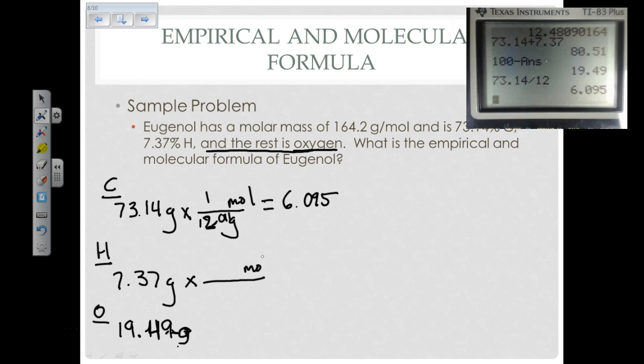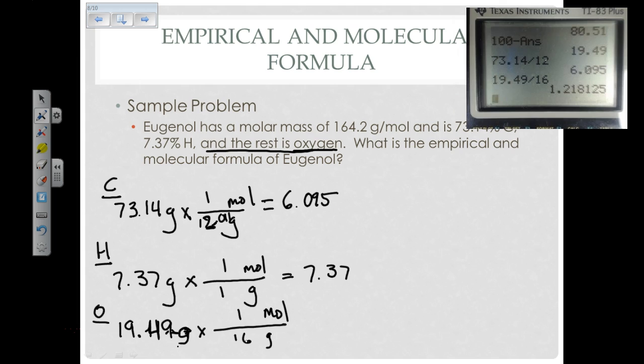This is grams on the bottom, moles on top, for every 1 mole. Hydrogen weighs 1. And so this is 7.37. And then we do the same thing for oxygen. And so we do 19.49 divided by 16. And so we get that equal to 1.22.